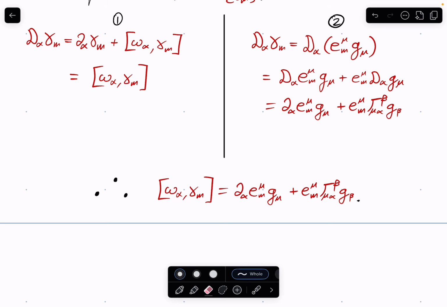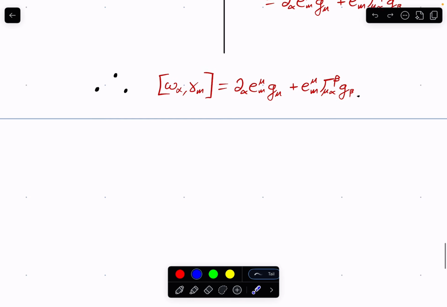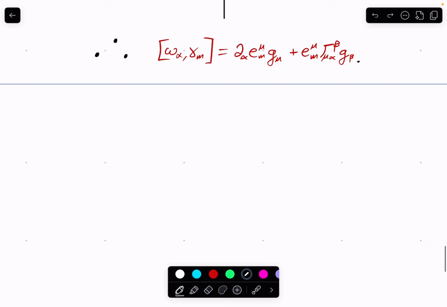Now, we want to isolate omega alpha, which is the connection bivector. So to isolate that, we need to use two identities from geometric algebra.